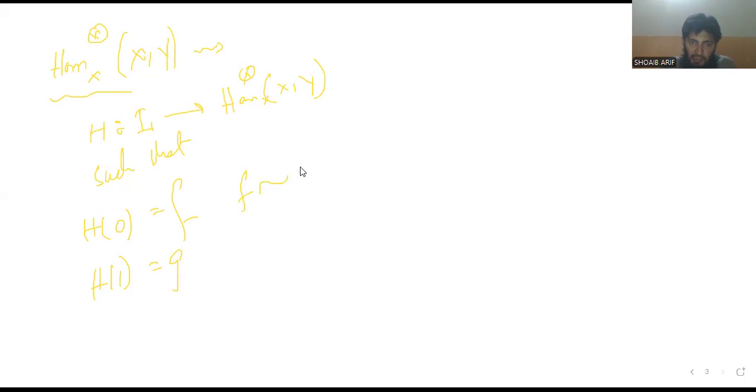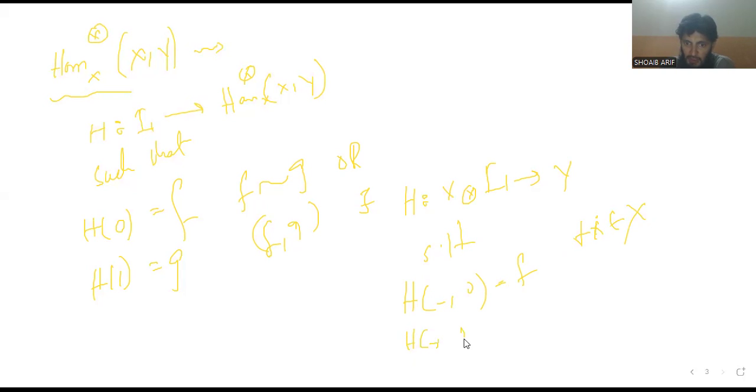So we can say f is adjacent to g and there is an edge between f and g. Equivalently, there exists a graph homomorphism h from x box product with I1 to y such that h(x, 0) is equal to f(x) for all x belonging to X, and h(x, 1) is equal to g(x) for all x belonging to X. So these two definitions are equivalent to the definition of the internal Hom tensor (x, y).